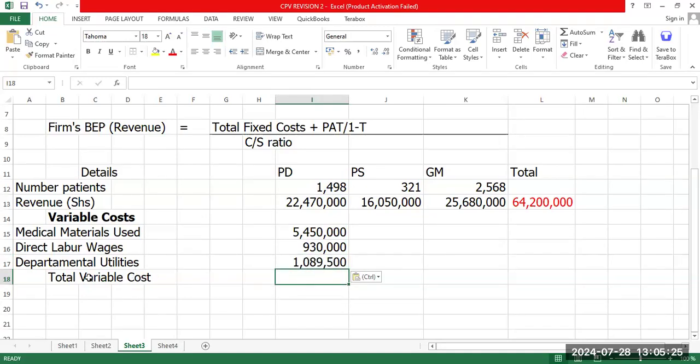Then if I need total variable cost for just PD, I will just get this plus this plus this.